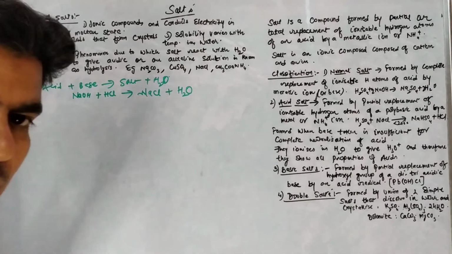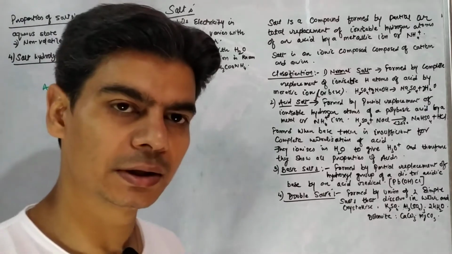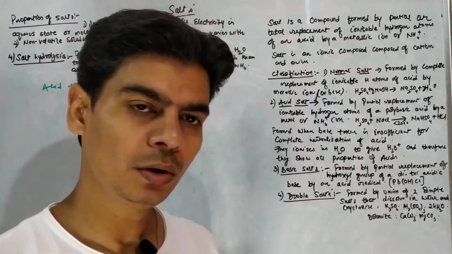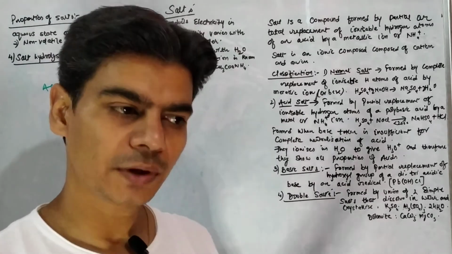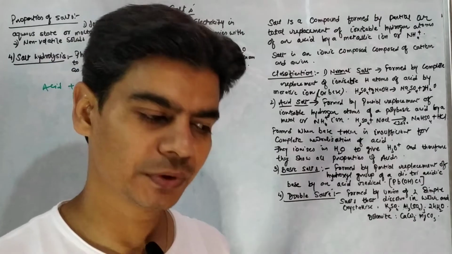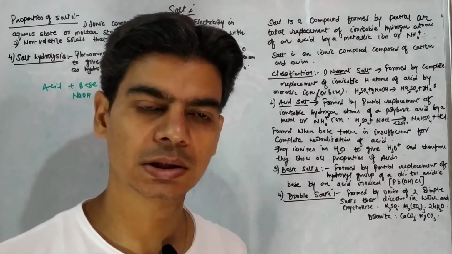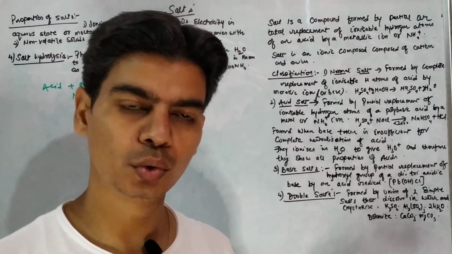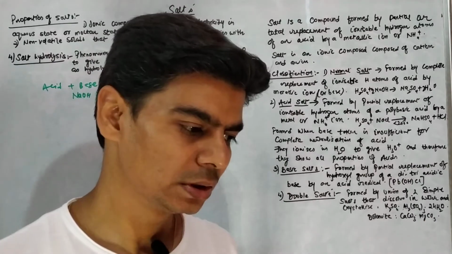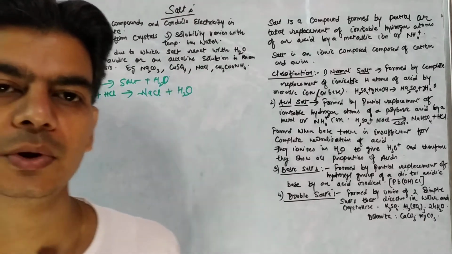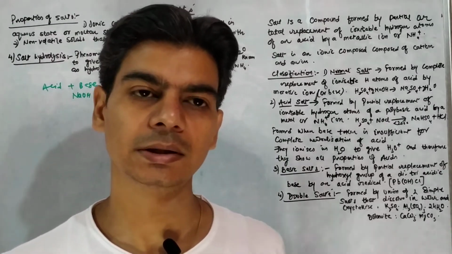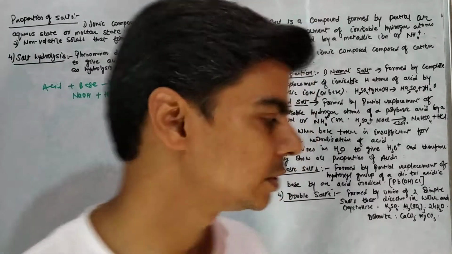In the classification of acids we have studied about dibasic, tribasic, monobasic acids, right? So basicity of acids depends on the number of replaceable hydrogen atoms. For example, sulfuric acid H2SO4 has two replaceable hydrogen atoms, so it's a dibasic acid. Similarly phosphoric acid H3PO4 is a tribasic acid because it contains three replaceable hydrogen atoms, right?